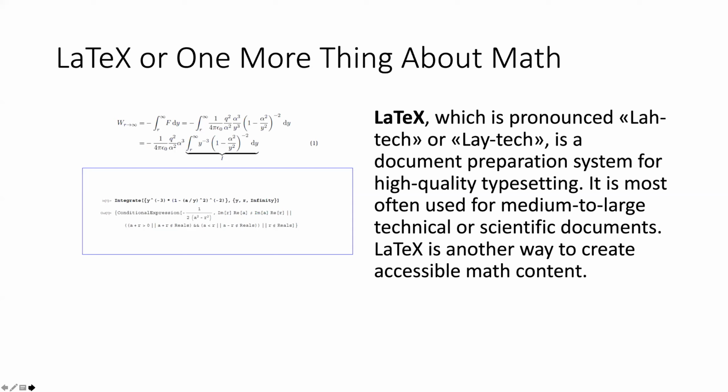You learn that in graduate school mostly, or math majors usually do. It's just a way they publish math and science books. If somebody on your staff knows LaTeX, then congratulations. You essentially have accessible math in your college. There are just a few adjustments you'll have to make, and there's a process to it, but you have the building blocks for creating accessible math.